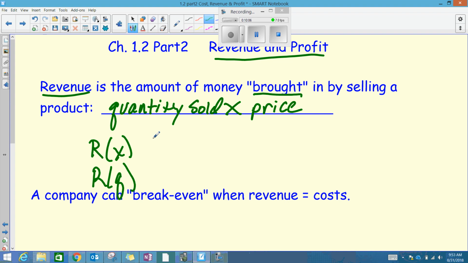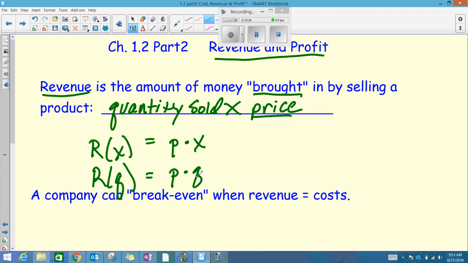R of X is always going to be equal to little p, which is your price, times your quantity. Actually, let me backtrack on that a little bit. If we're using X, it would be P times X. But in this chapter, they often use Q for quantity, so it'll be P times Q. P always stands for price, X or Q stands for quantity.